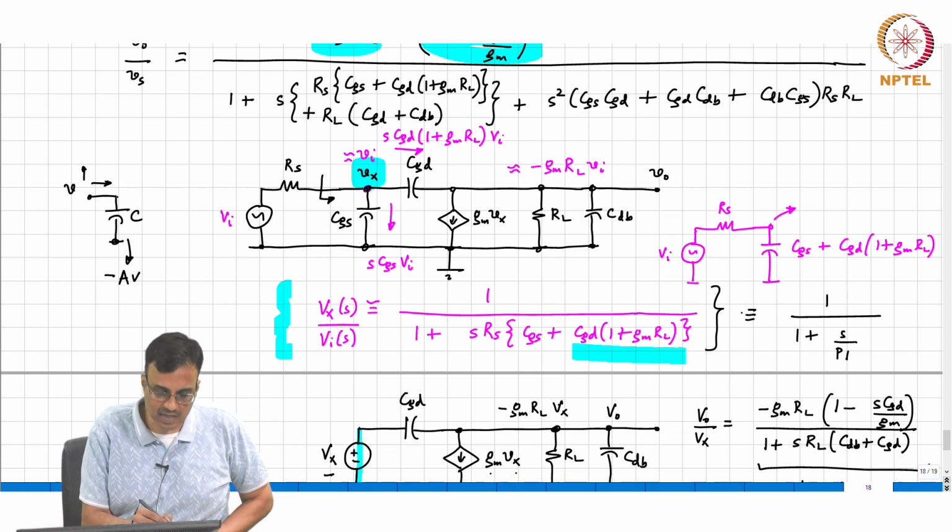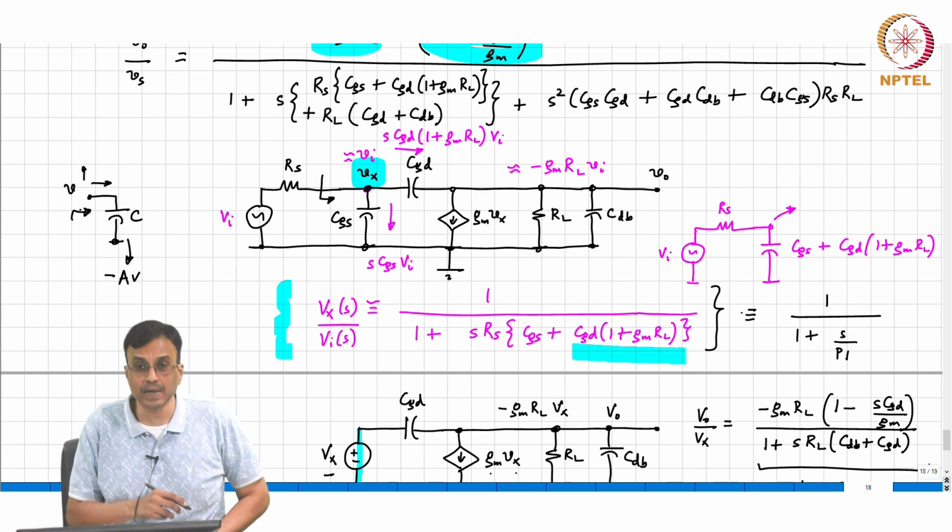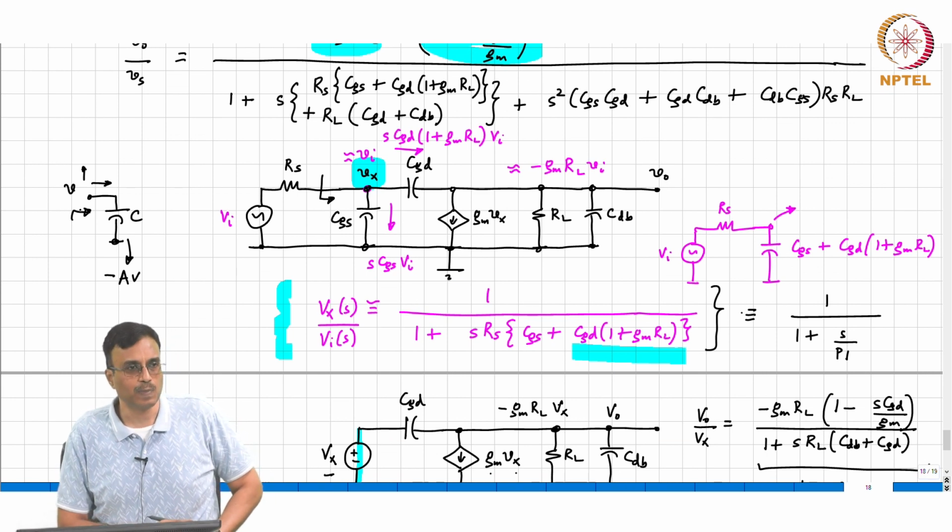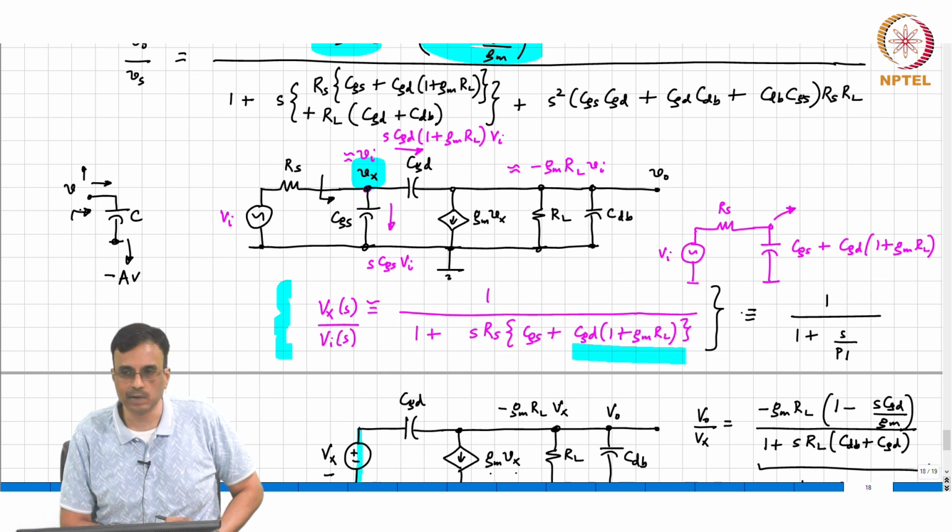So this capacitance C, when looking in here, appears as if it has been multiplied by a factor 1 plus A, right? And this is often what is called the Miller effect, or Miller multiplication.